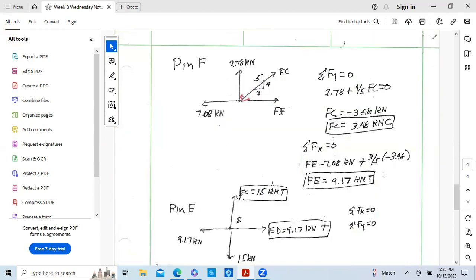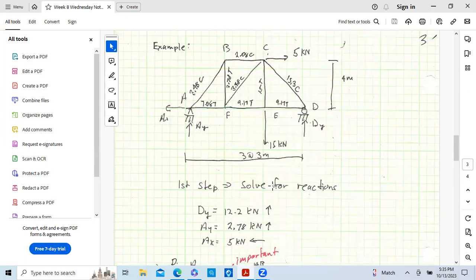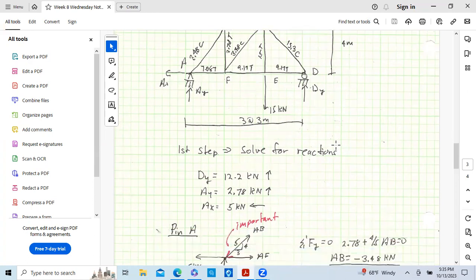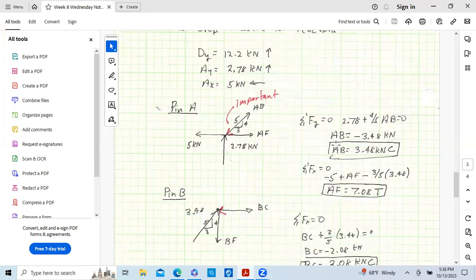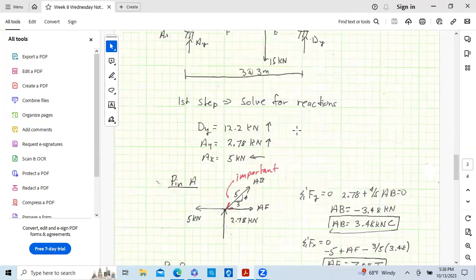I'm going to go to pin F next. So pin F up here is the next one in line.